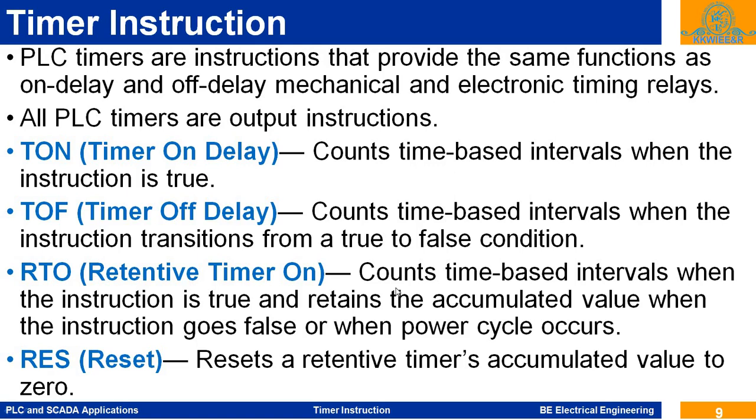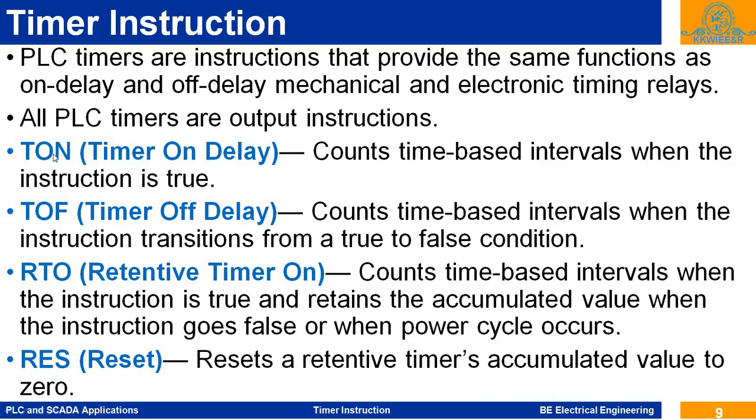A retentive timer counts the time base interval when the instruction is true and retains the accumulated value when the instruction goes false or when a power cycle occurs. Then the reset instruction is used to reset the retentive timer's accumulated value to 0.